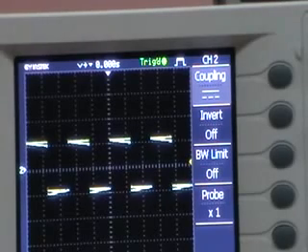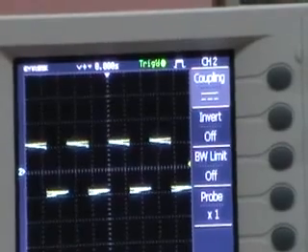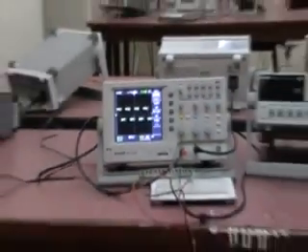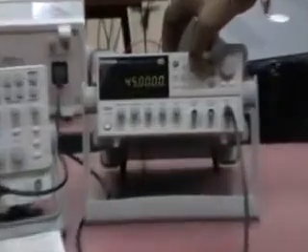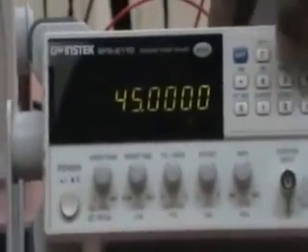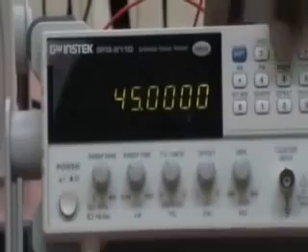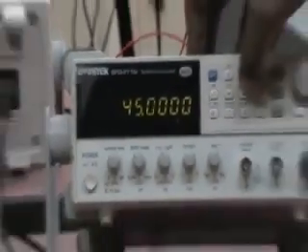By increasing the frequency from the function generator further, we can see at a particular frequency that the tilt will be negligible. It will look almost like the input.